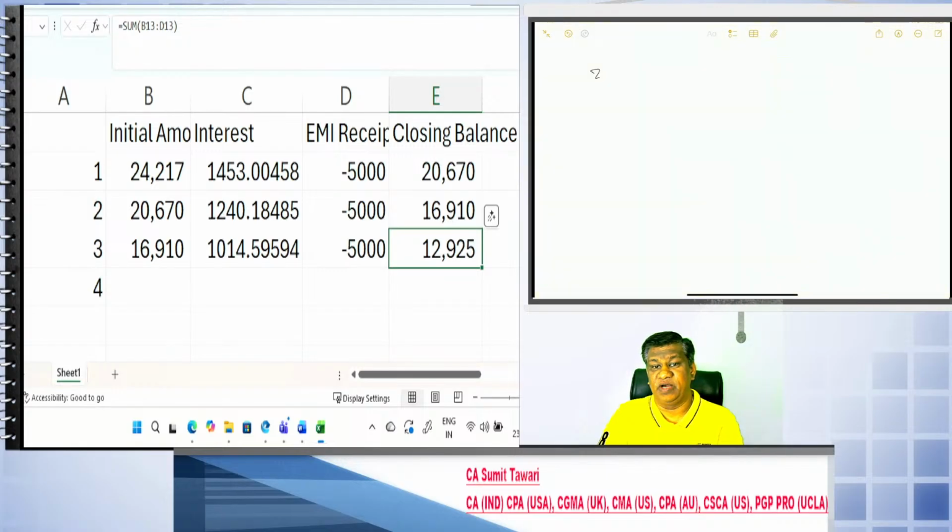Are you able to understand? See what happened. First we evaluate whether it is a finance lease or an operating lease. Once we evaluate that it is a finance lease, then from the lessor side we are just giving a finance. So we need to know what my finance value is. I know the expected interest rate.